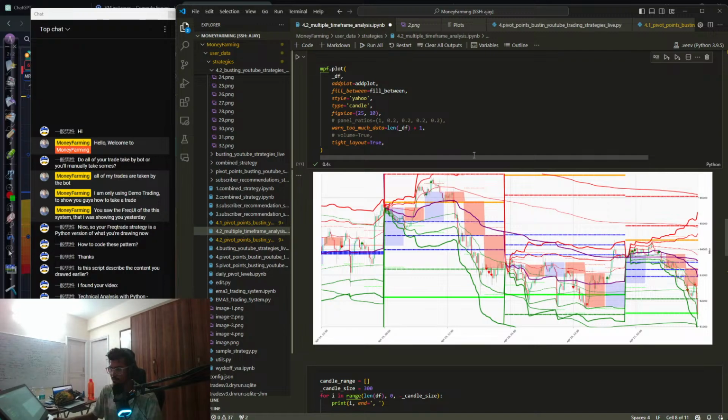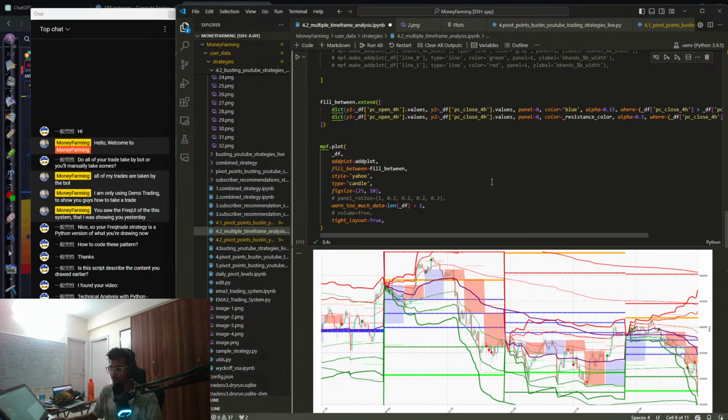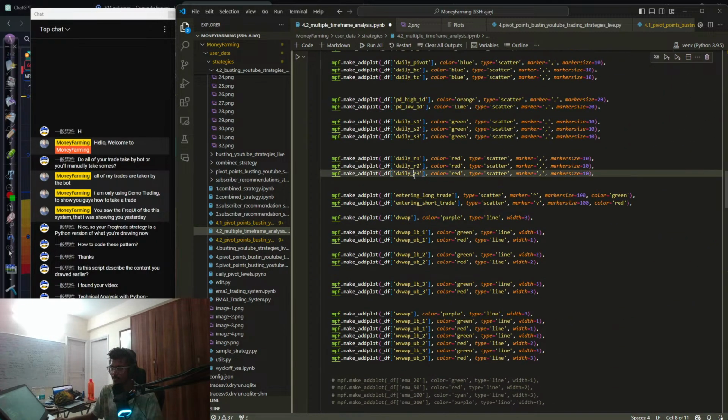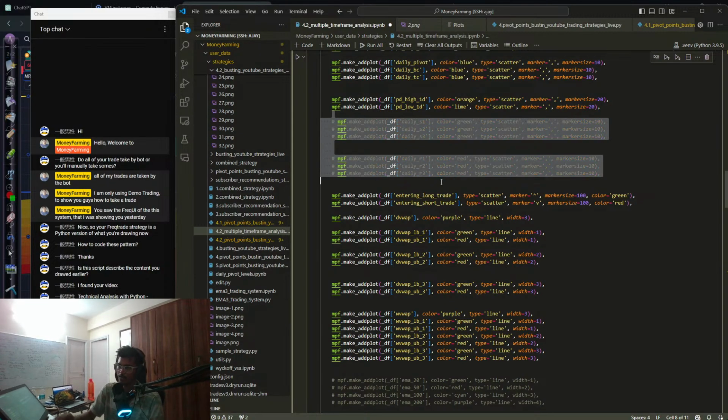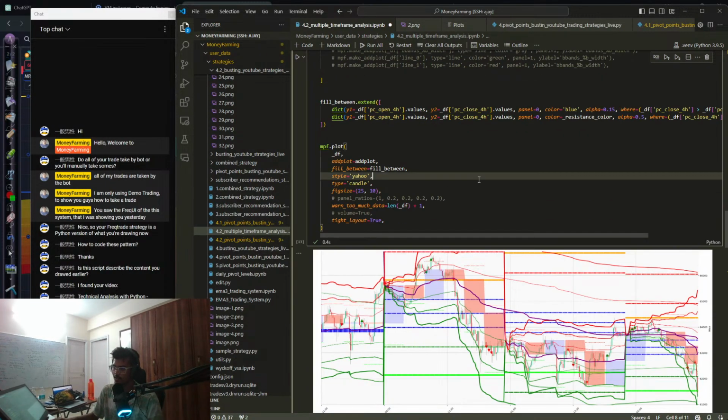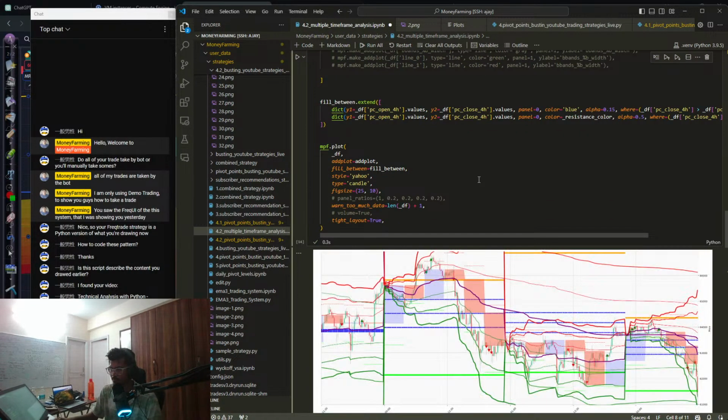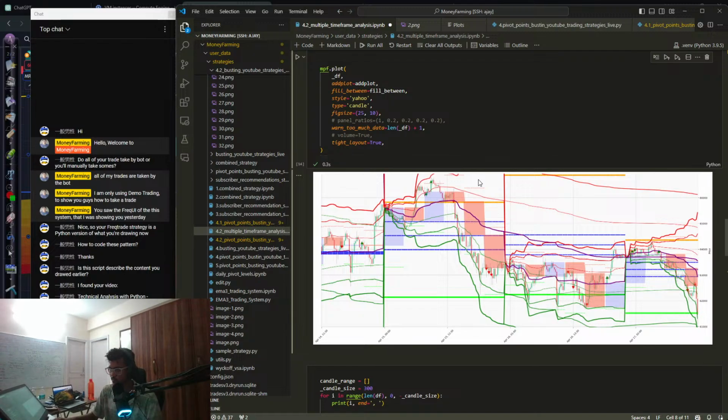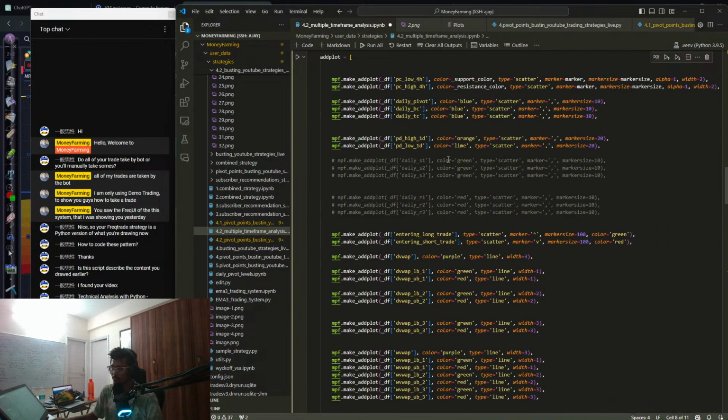Yeah, it doesn't look good. The only thing that we need right now is just the previous day high low, and that's it. Still looks too much to me, so I'm gonna just remove it.